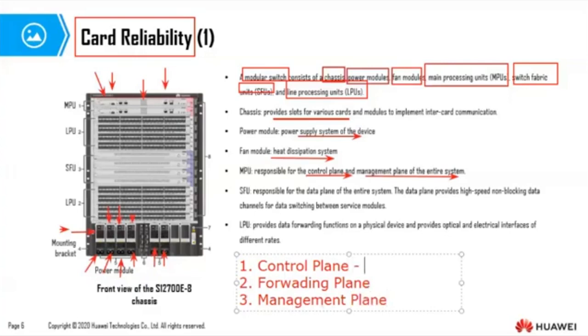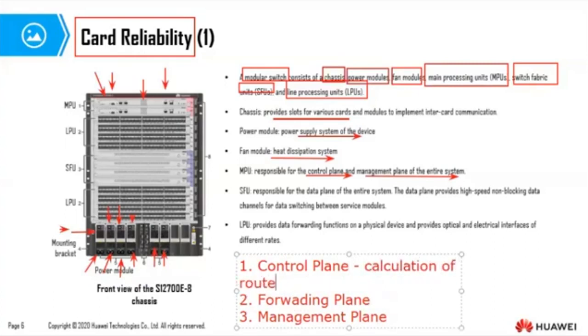So control plane is really used with a calculation of, for example, routes. So you remember, for example, we said that like OSPF, the way it calculates the shortest path tree. So it's the control plane that does that. Then forwarding plane will now forward the data from the routing table.